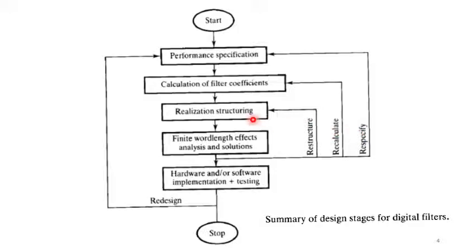Again, this is the flowchart representation of the design stages for the filter. The first stage is the performance specification or the filter requirements. Then we calculate the coefficients of the filter, then we realize them using suitable structures, and then we analyze the finite word length effect.